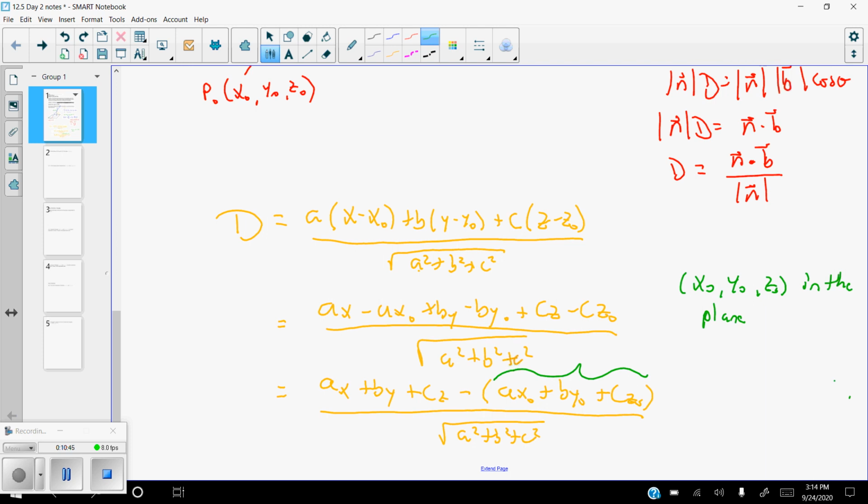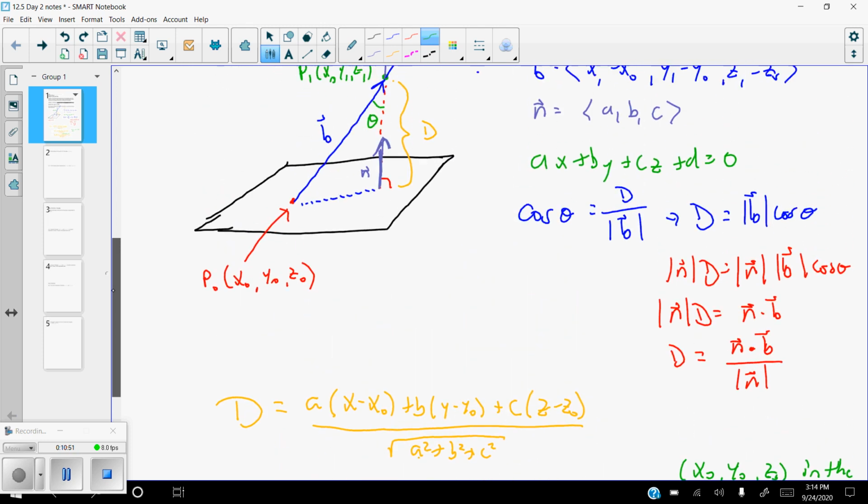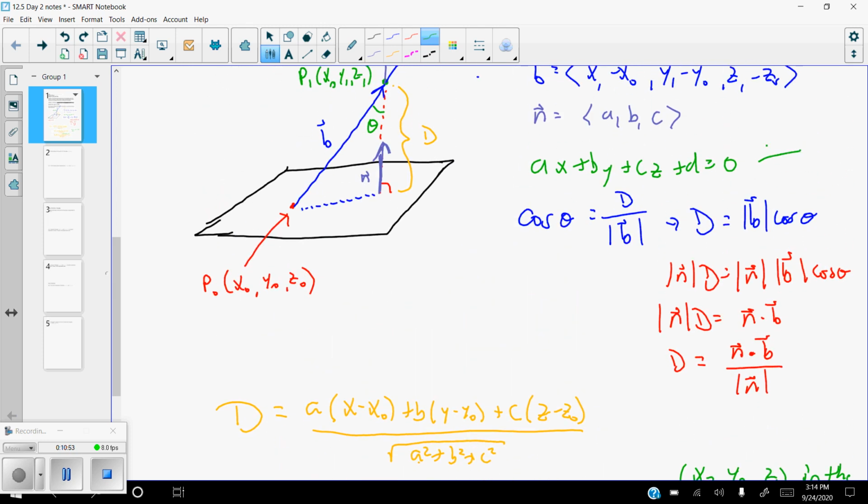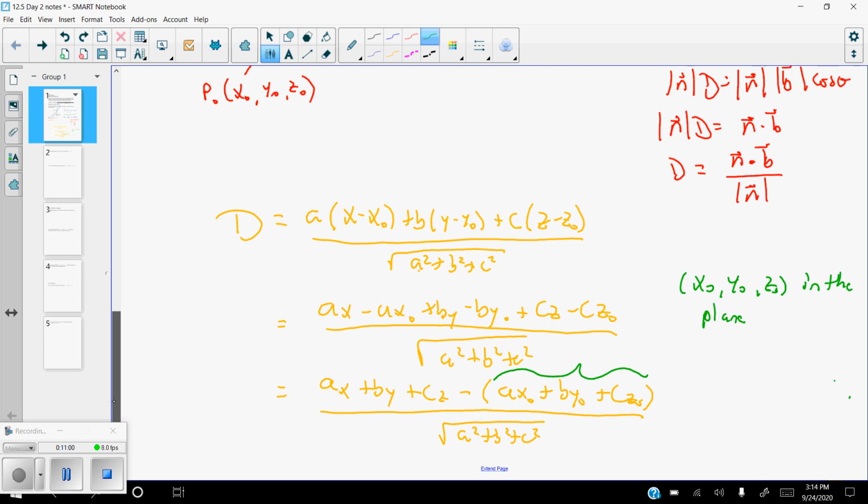So from that perspective, since it's in the plane, it must satisfy this equation, because that is the equation of the plane. And since that point is in the plane, it must satisfy the equation.